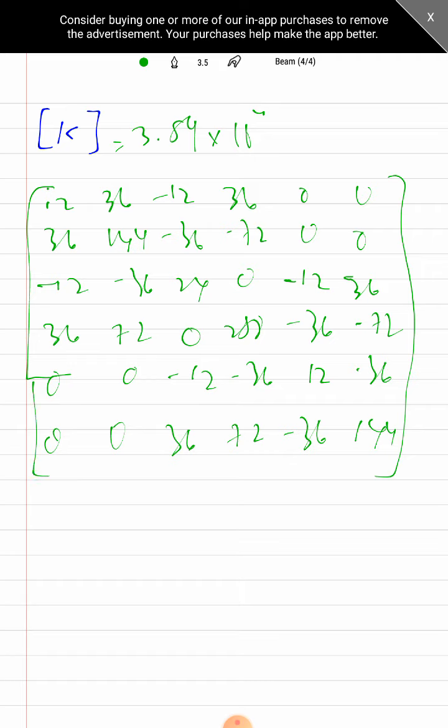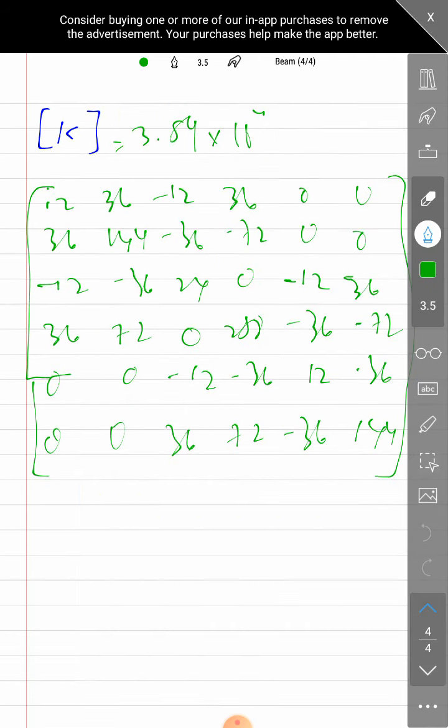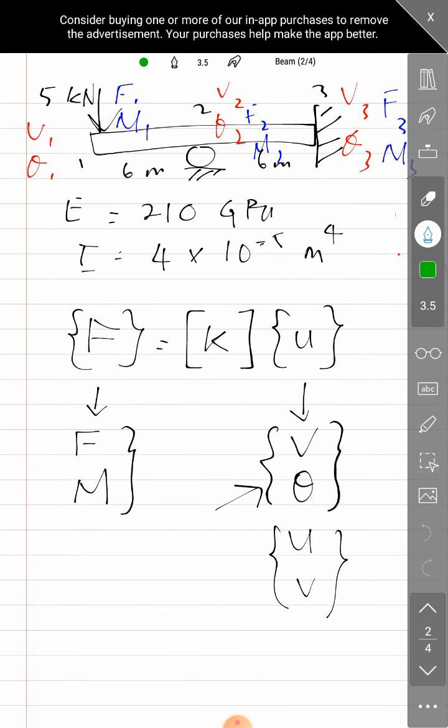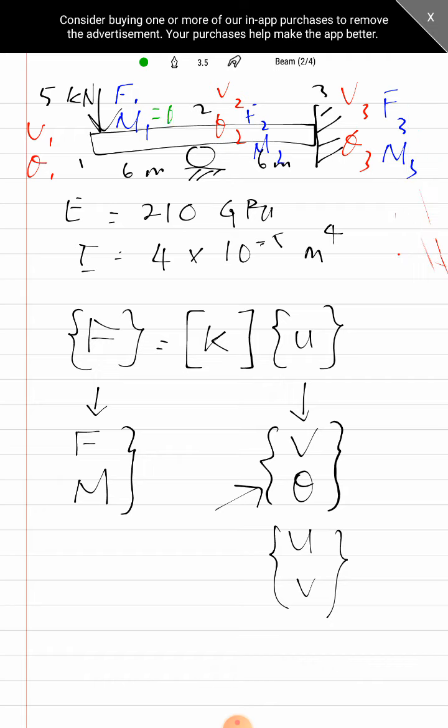Okay, alright. So now we have to apply the boundary condition. Based on the figure again, at node 1, we know that M is 0, right? There's no moment there. At node 2, also M is 0.